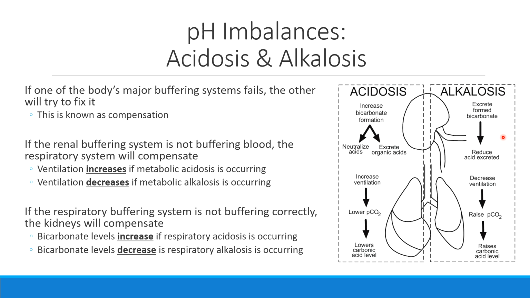Respiratory alkalosis means I'm too basic, so my kidneys will start to release bicarbonate. That's going to help to bring the levels, the pH in the body back down to being more acidic. And if we're in metabolic alkalosis, the breathing rate will actually decrease. The goal being, let's keep the carbon dioxide in so that we can have more carbonic acid.